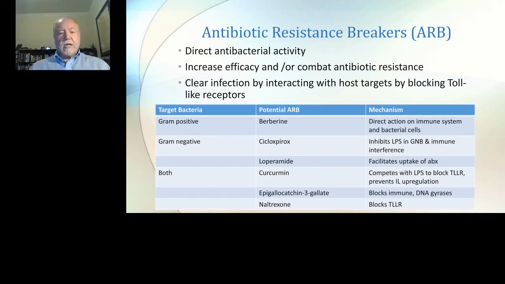Cycloperox works on inhibiting lipopolysaccharides in gram-negatives, and by the way, it can block some of the immune reactions. So each of these listed here have got some potential in terms of interfering with the resistance process, either direct antibacterial activity, they can improve other antibiotics in terms of resistance, or they can actually clear the infection, eradicate the infection by blocking some of the host responses that can lead to the inflammatory process.